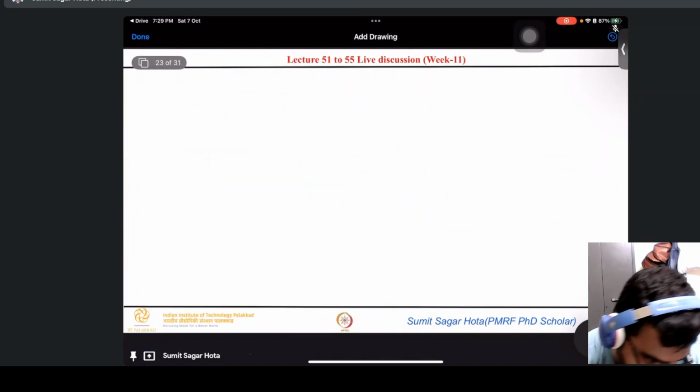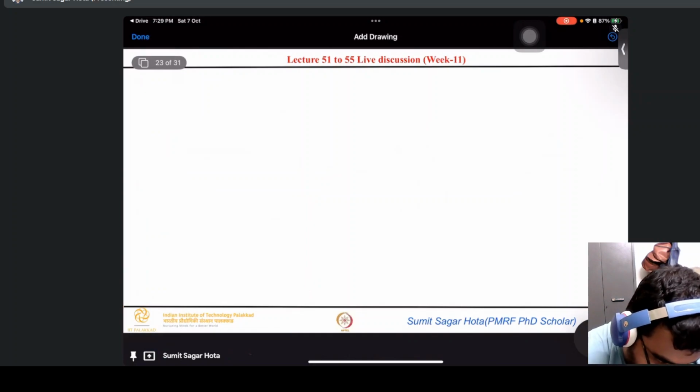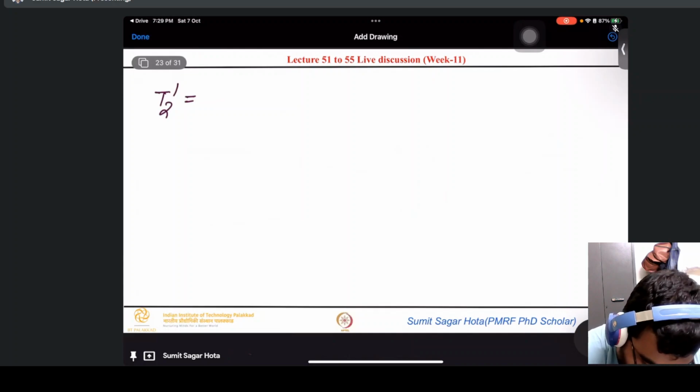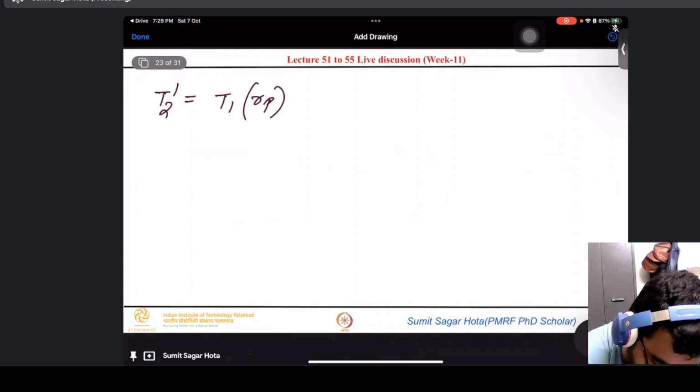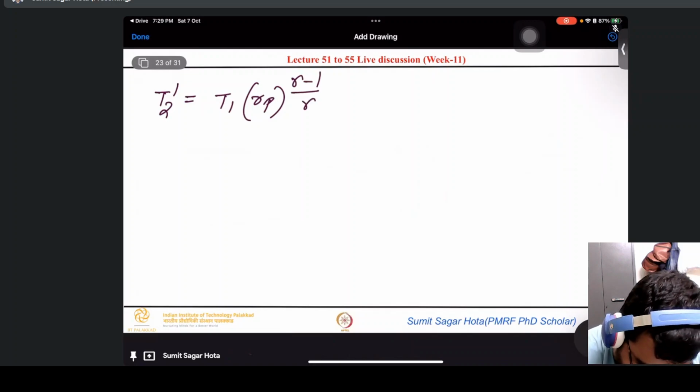Apply the formula of T2 dash. Same formula we already applied. T2 dash is equal to T1 Rp to the power gamma minus 1 by gamma. What is T1? 300. What is Rp? 10.